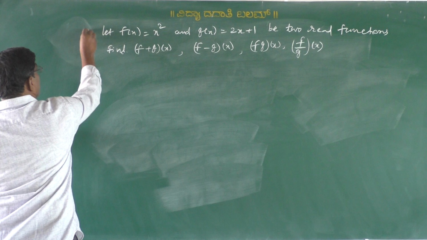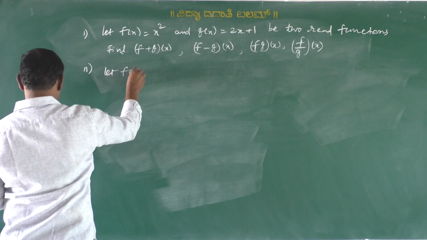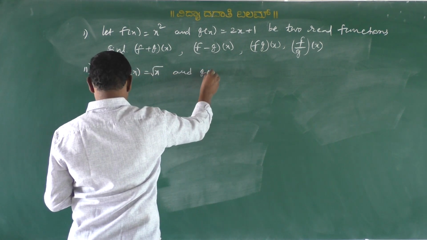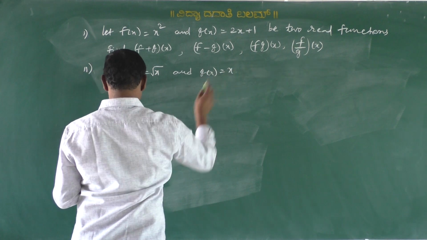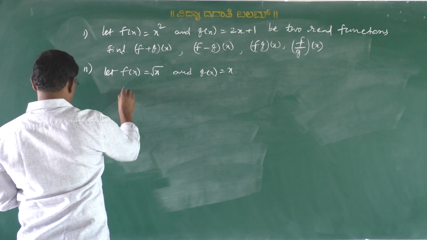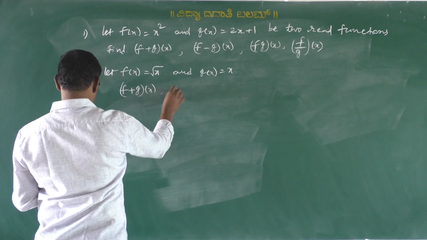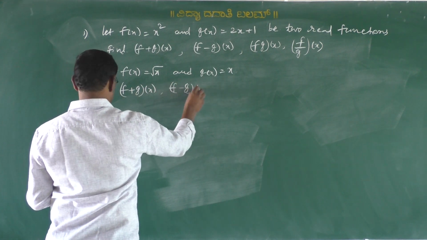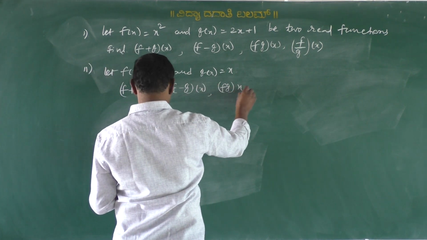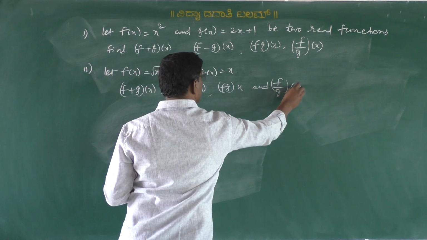And also the second one, you have to do: let f of x is equal to root x and g of x is equal to x, then find f plus g of x, f minus g of x, f g of x and f by g of x.